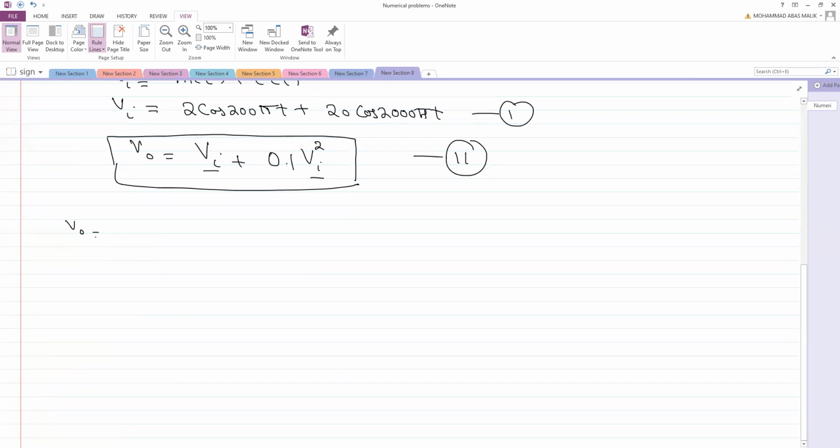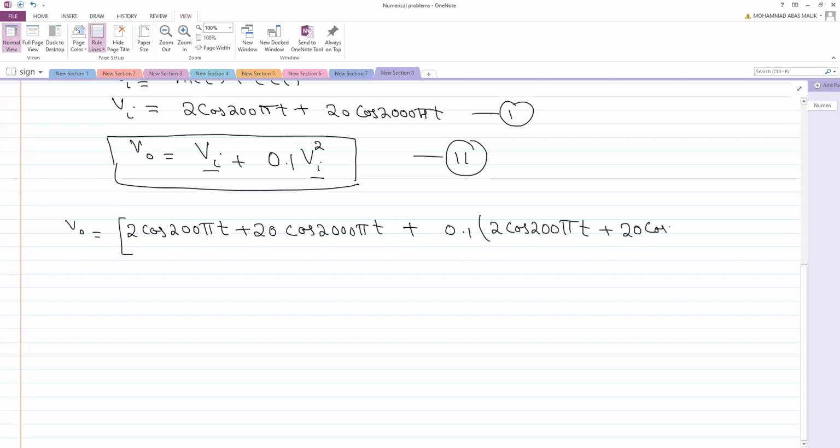V output will be equal to 2 cos 200 pi t plus 20 cos 2000 pi t, plus 0.1 times (2 cos 200 pi t plus 20 cos 2000 pi t) whole square.